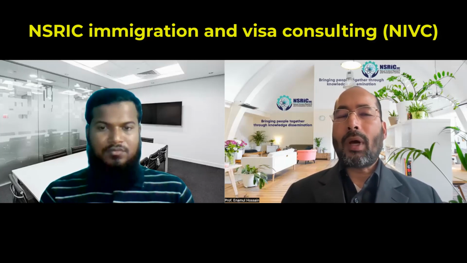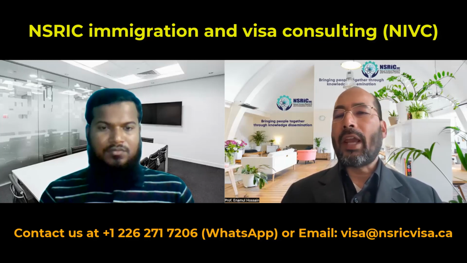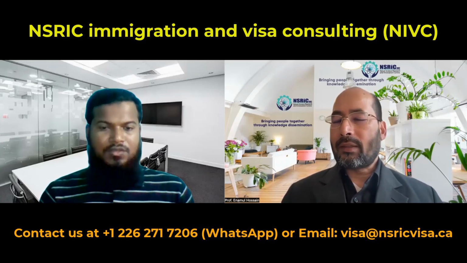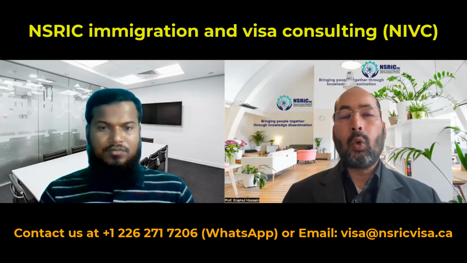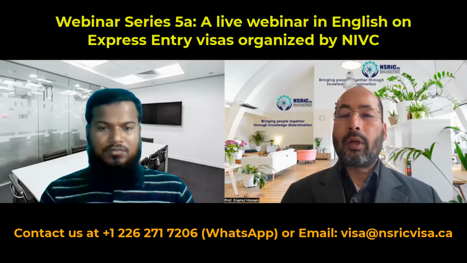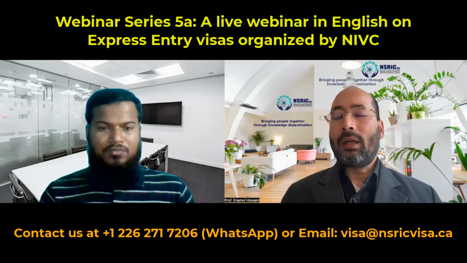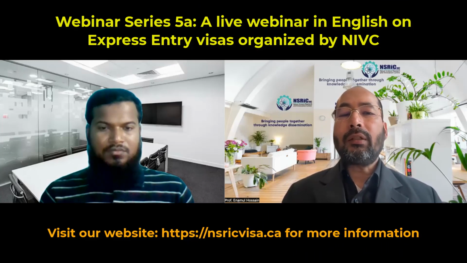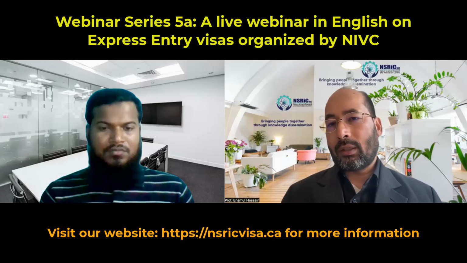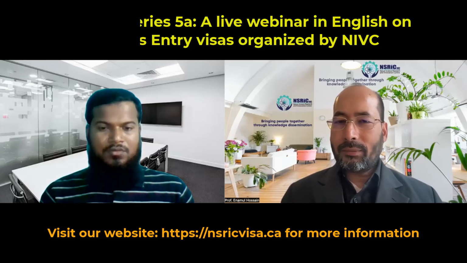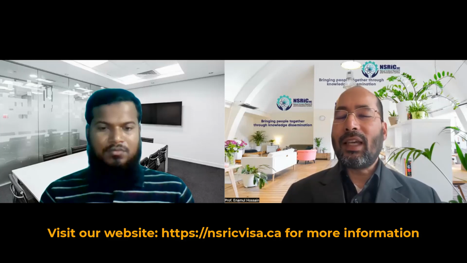What is a NOC number? This is explained very well on our website at NSRIC. Interested people can go and see the NOC categories. Every category has its own number, so that number you should pull and put in your application. For example, if you are an IT expert, a skilled IT person.